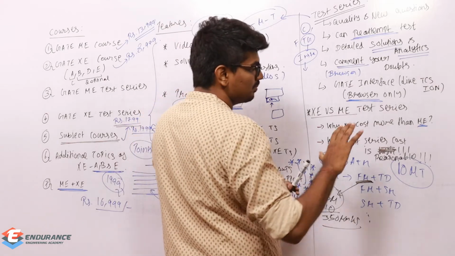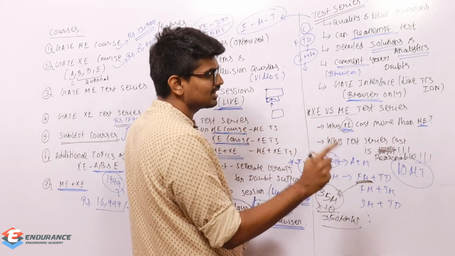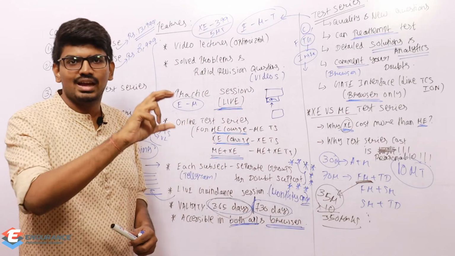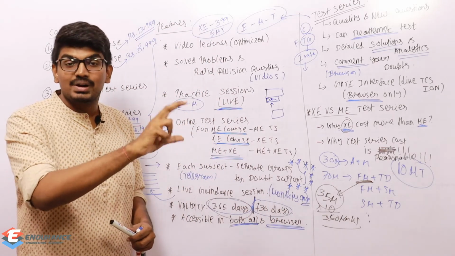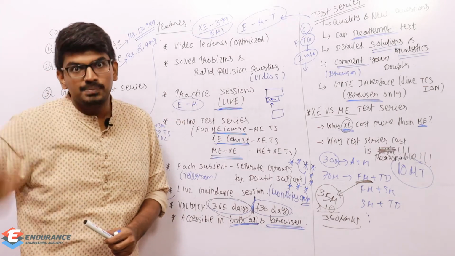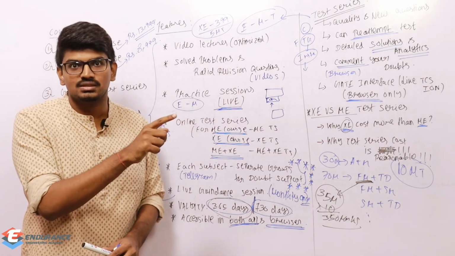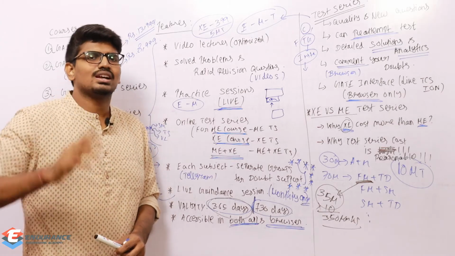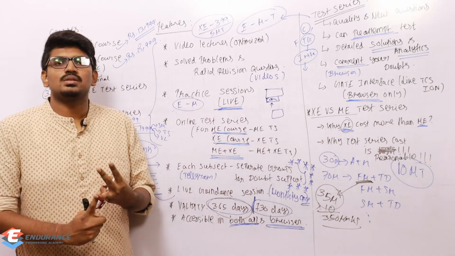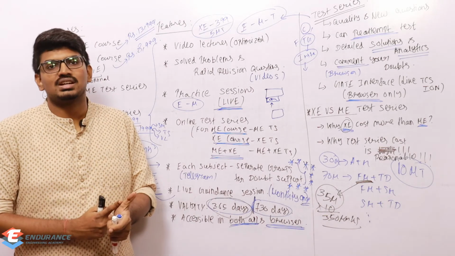That is the major reason why the EXE test series, as I have given you, has 35 marks from a single subject. It's not that easy. Framing 10 mock tests for EXE is more difficult than framing one complete test series for GATE ME. You can go and ask anyone: 35 marks for FM, 35 marks for thermo, 35 marks for strength of materials, 15 marks mathematics, 15 marks aptitude.